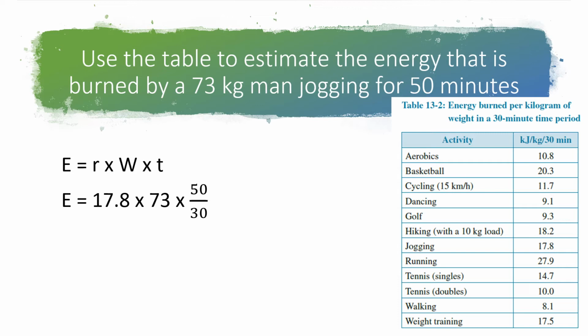So we're going to have E equals 17.8 times the man's weight of 73 and then times the interval. Now he has been jogging for 50 minutes, so we're going to put 50 over 30 as a fraction. And if you type all that into your calculator, the energy burned will be 2,165.7 kilojoules.